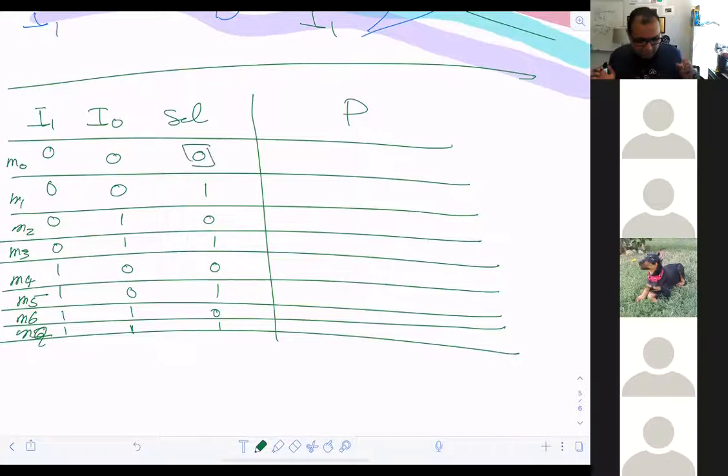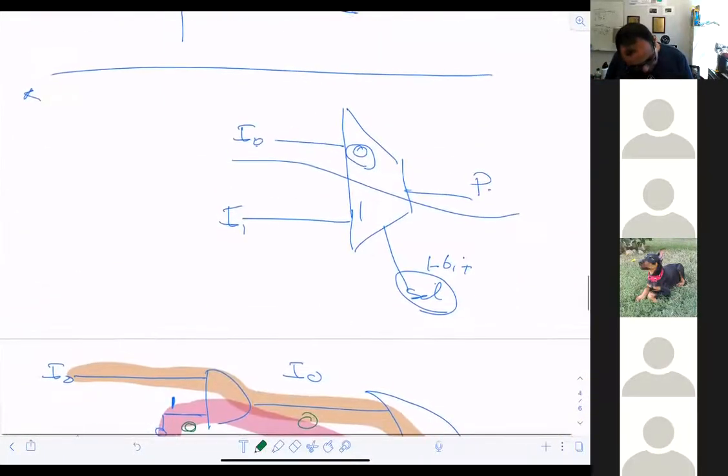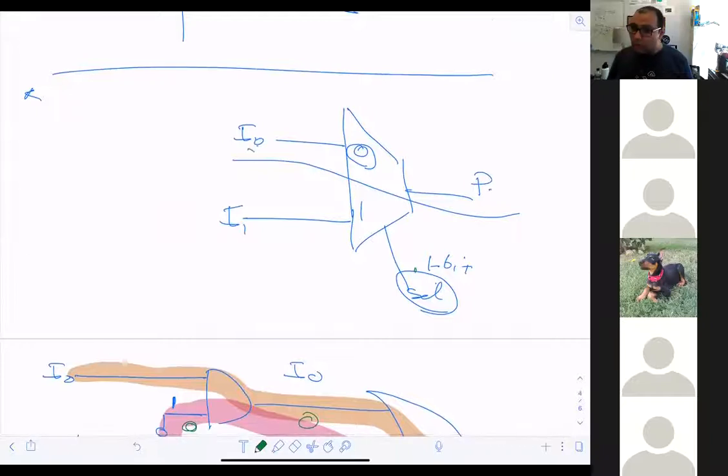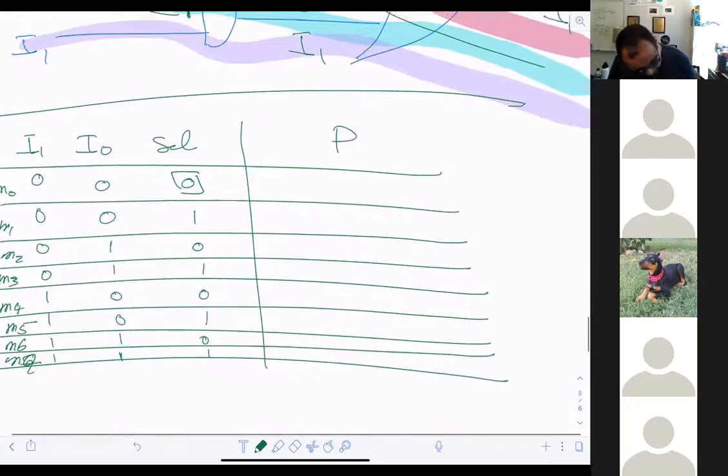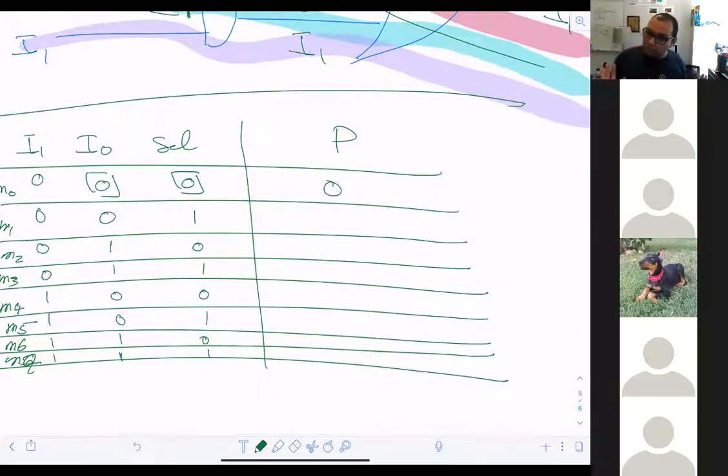Select is equal to 0. It means what? It means I0 will be the output, right? But I0 is also 0. Exactly. So this is 0. Select is equal to 1. So the output is what? I1. I1 is 0. Put 0.